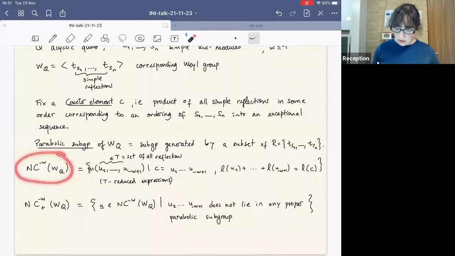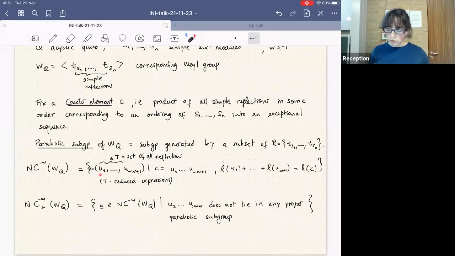So what are the W non-crossing partitions? Well, this is going to be a tuple of reflections. Now we actually take all reflections rather than just the simples, and we write the Coxeter element as a product of these reflections in a minimal way. So this L is the absolute length of c written as a product of reflections.